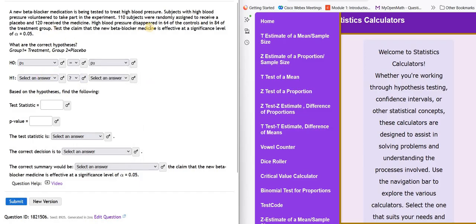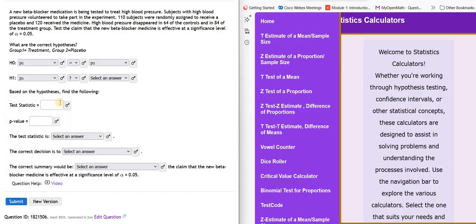But for the second statement, which is the alternative hypothesis, we want to test the claim that the beta blocker worked, which means the proportion from the treatment group is bigger than the proportion from the placebo.